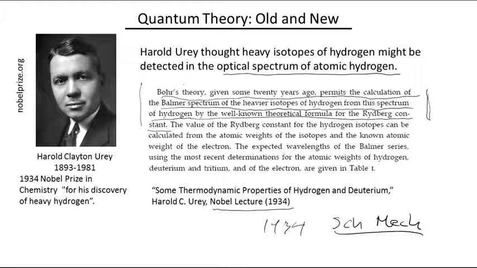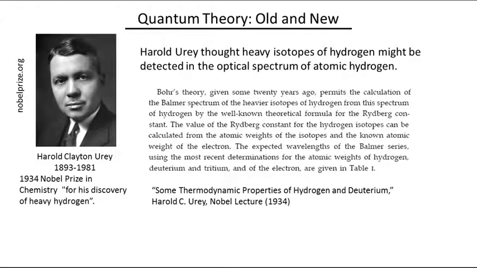Now, basically, the difference in the spectrum of a heavy isotope of hydrogen from regular hydrogen in the Bohr theory can just be traced to the reduced mass difference. So in the online quiz, you get a chance to think about that.